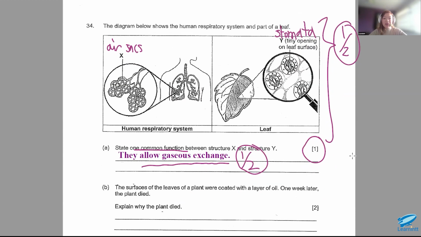The surfaces of the leaves of a plant were coated with a layer of oil. 1 week later, the plant died. Explain why the plant died. In this question, it's just going to look at the leaves, and they are coated with oil. It's blocking the stomata. Can it respire? No. So for figuring this out, 1 mark. For writing it out is the other 1 mark.